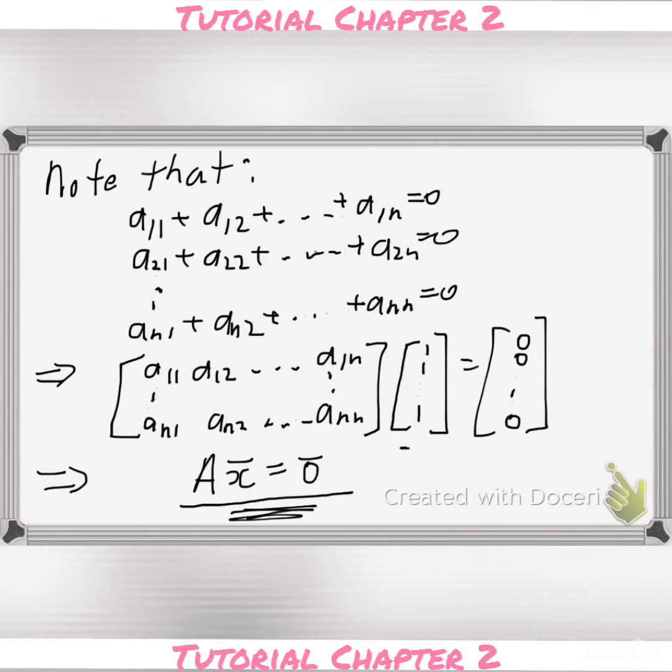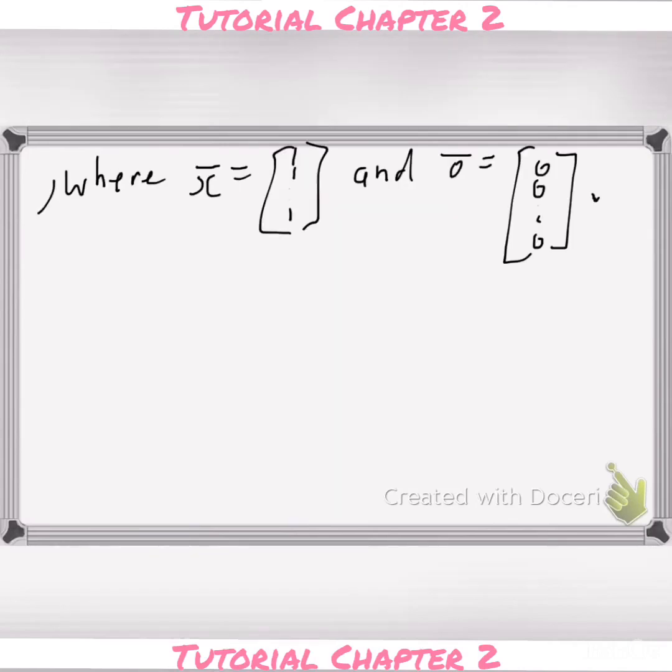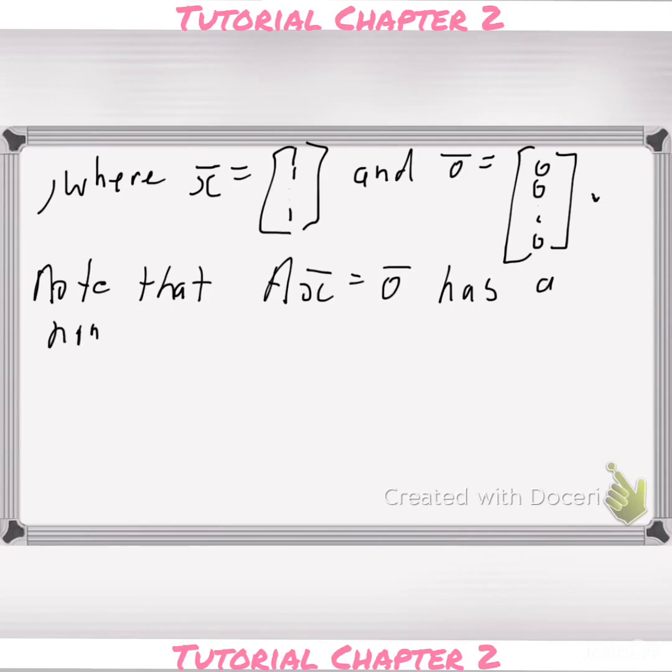Now you can see here that this is an x where each value in my column matrix is not 0. So note that this system has a non-trivial solution.